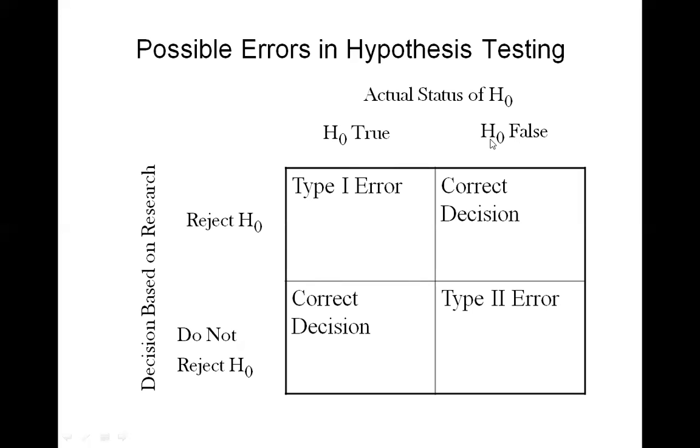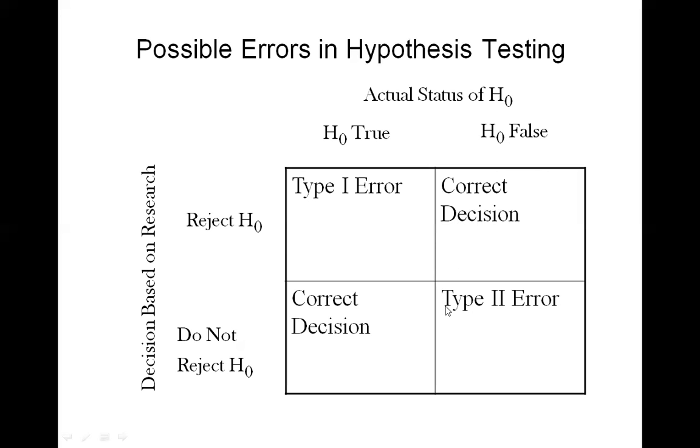What happens when the null hypothesis is not true? When the null hypothesis is false, you could also make an error or a correct decision. When you reject the null hypothesis, you make a correct decision. The null hypothesis is false and you reject it. That's a good decision.